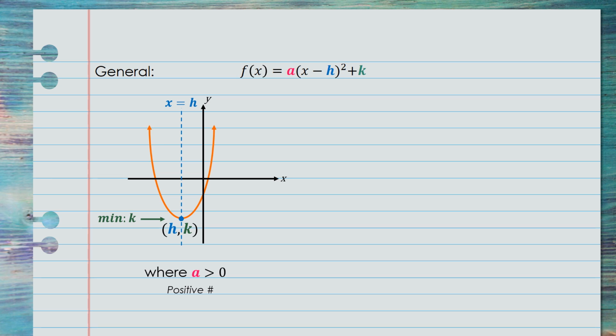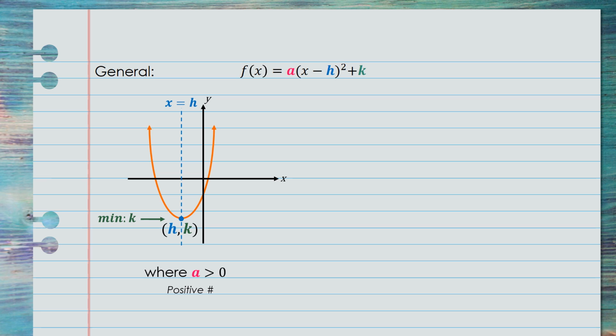In this particular case, because that is the lowest point on the graph, we say it has a minimum, or min, and since it's the lowest point, we call the min value k. Now, passing through the vertex, we have a vertical line known as the axis of symmetry. Since it is a vertical line, it is represented by the equation x equals. Specifically, it will be x equals h, or whatever your x value happens to be in your vertex.